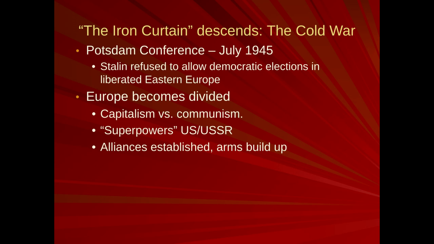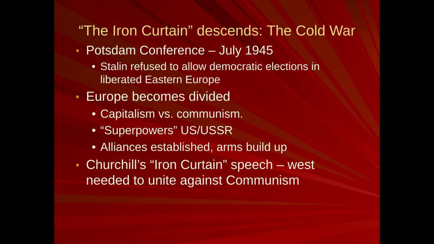Alliances are going to be formed with countries in Europe siding with the United States, mainly the Western nations, and the countries in the East, not because they really wanted to, would be forced to side with the Soviet Union. And in both cases, we're going to see weapons and military supplies being brought in to both sides to try to bolster each side up in case of another war.